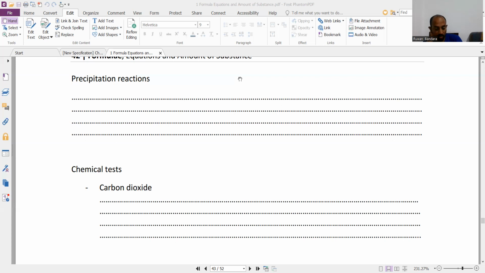That's the next point. These reactions are used in number one, chemical tests.